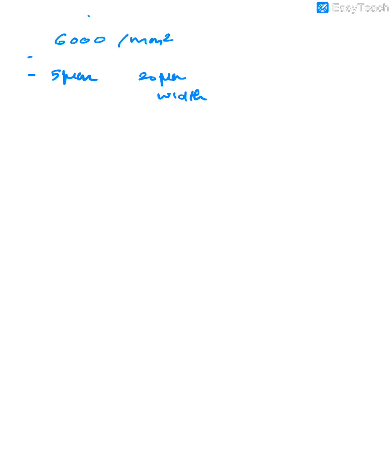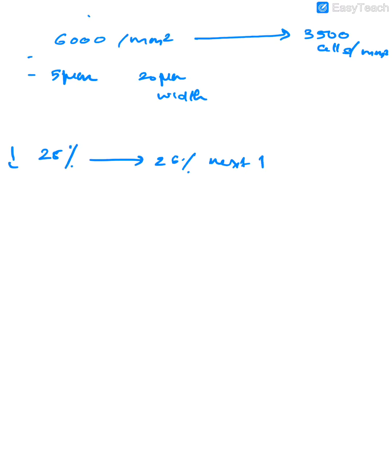They are polygonal or hexagonal, and in a young adult, the average cellular count is 3500 cells per millimeter square. The cell count falls by 26% in the first year and 26% in the next 11 years.